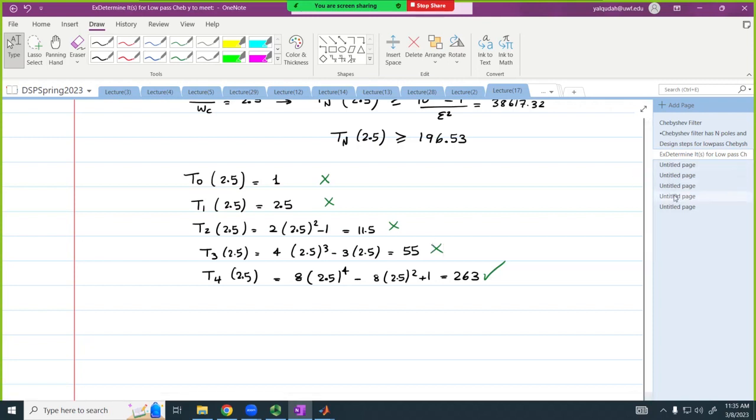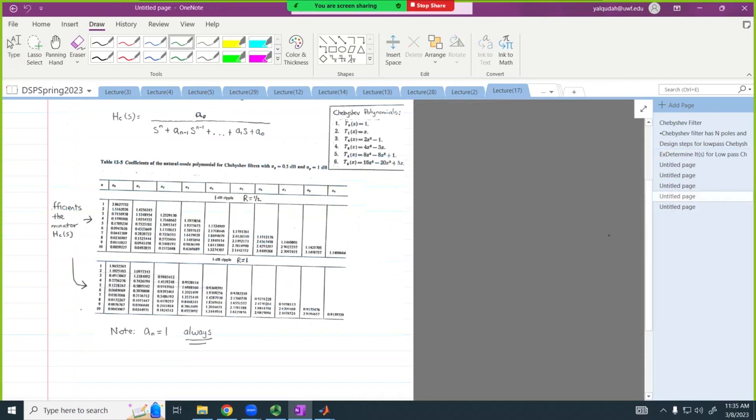So we're going to come here to our Chebyshev polynomial. R is equal to 1, and we are given this fourth order. You cannot see the numbers here, but this is the structure of the polynomial. So therefore, I can write this polynomial from the table.